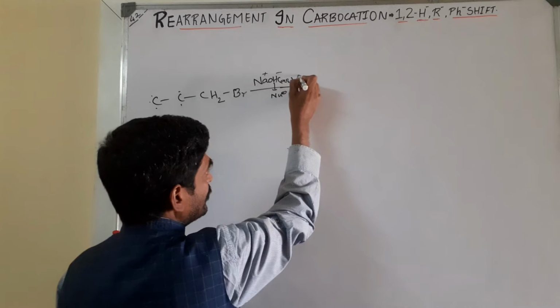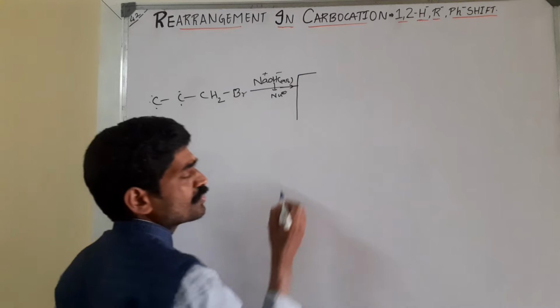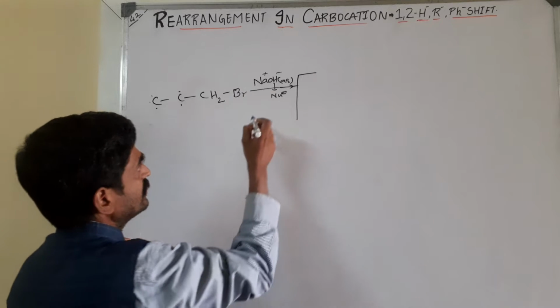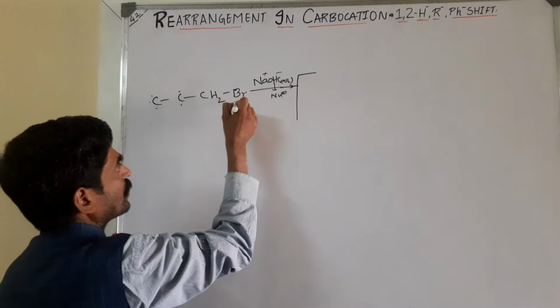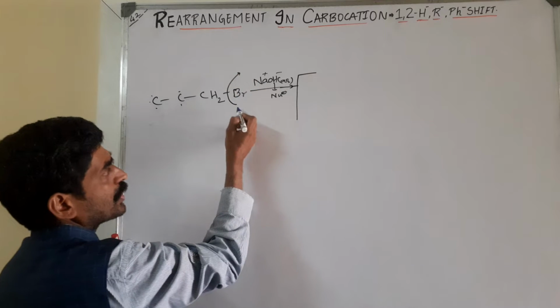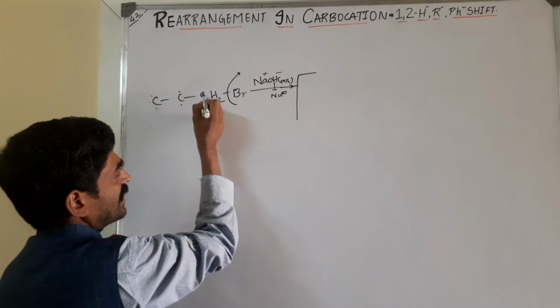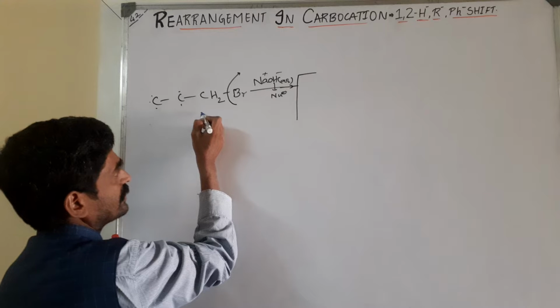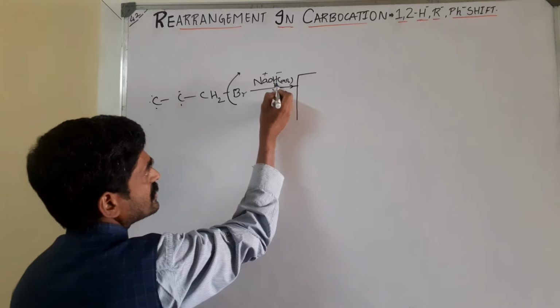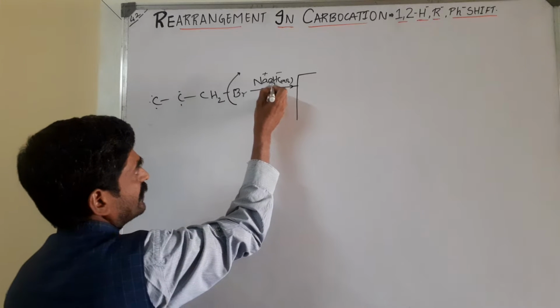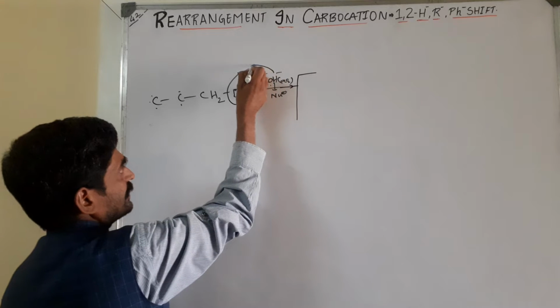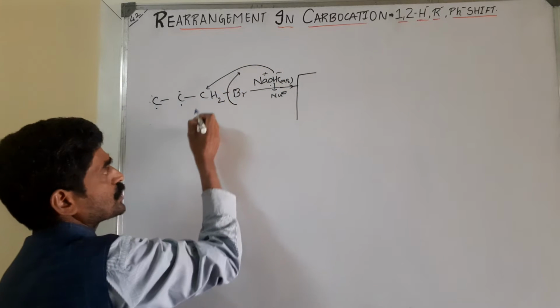Major product. Generally here students will expect that bromine will go out. It is a leaving group. It leaves, then this carbon gets a positive charge. Then this OH minus nucleophile will attack this carbon carrying the positive charge.